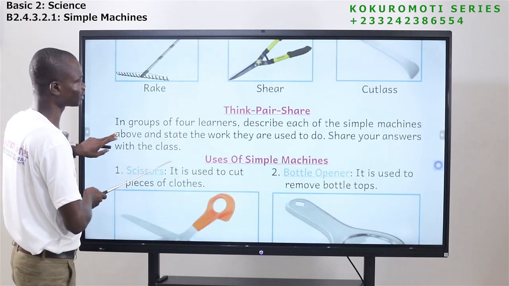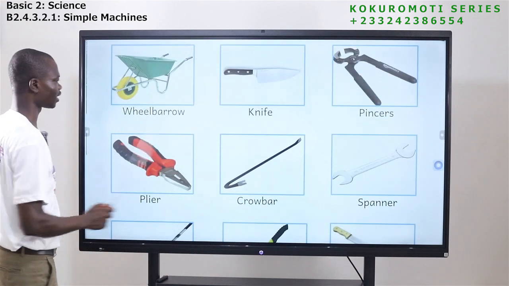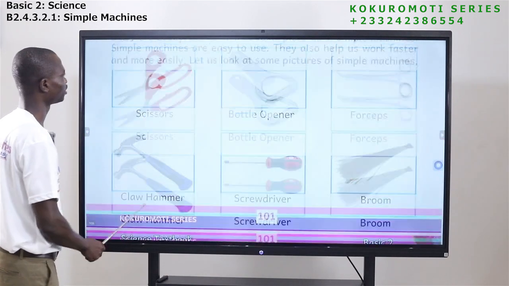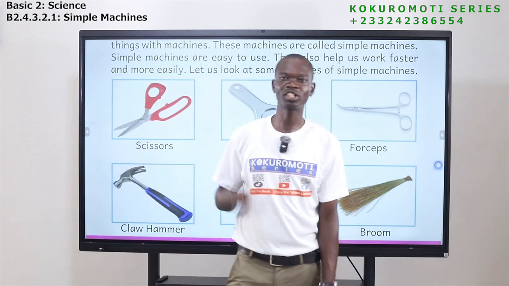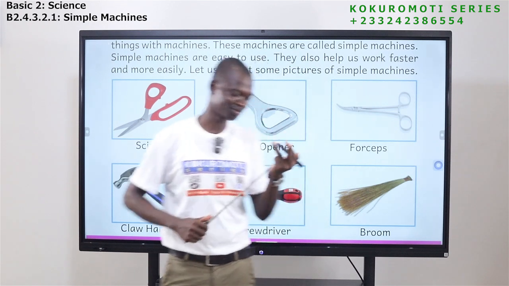So how many simple machines have we seen? 1, 2, 3, 4, 5, 6, 7, 8, 9, 10, 11, 12, 13, 14, 15. Hey, 15. If I ask you to give me 15 examples of simple machines, the first one, I know you say broom.